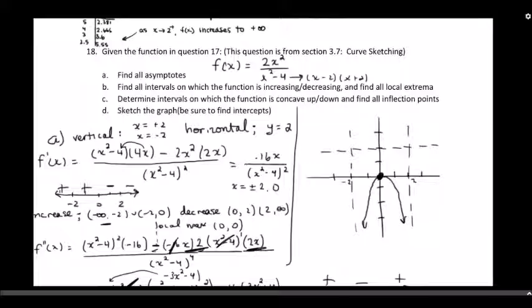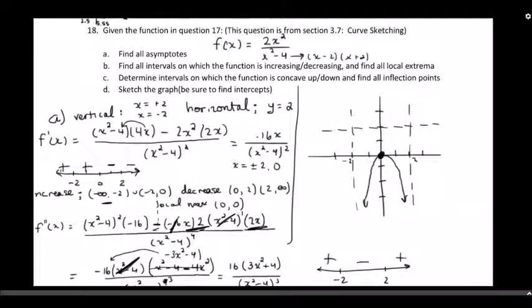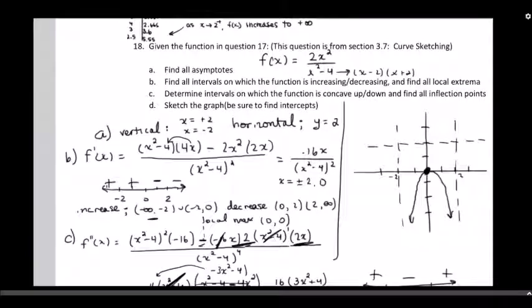Now, the piece of the graph here on the left of -2, we know it's concave up because of right here, and we also know it's increasing because of right here. So it's concave up and increasing.